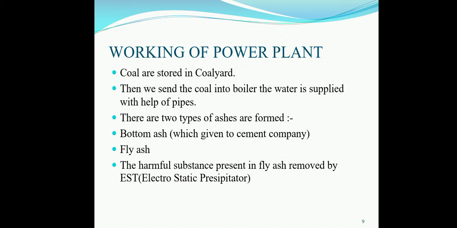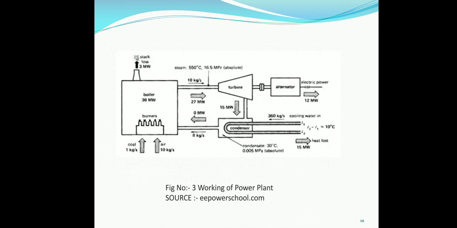The first one is bottom ash, which is given to the cement company, and the second one is fly ash, which contains very harmful substances which we remove with the help of the ESP, electrostatic precipitator. This is the working principle of a power plant.